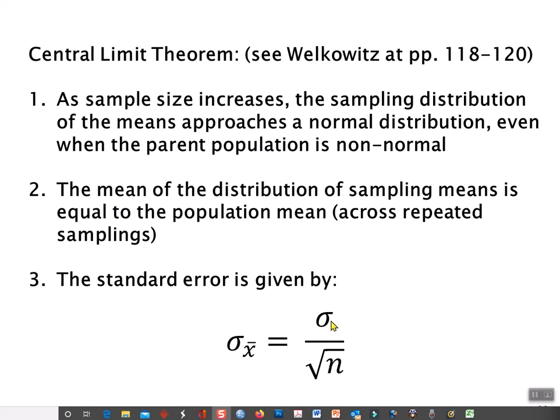So if your population standard deviation is 10 and your sample size is 1, then the standard error is still going to be 10. The square root of 1 is 1, and 1 divided into 10 gives you 10. So this will not change.